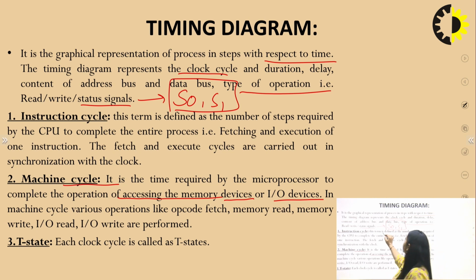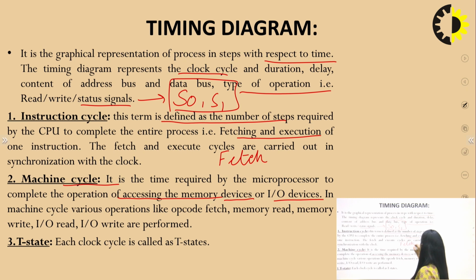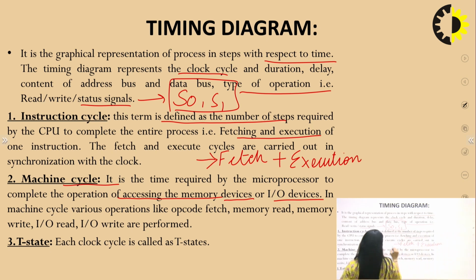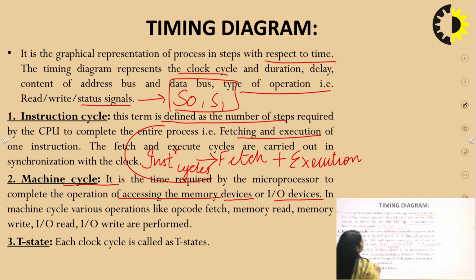The instruction cycle is fetch plus execution of an instruction. So the instruction cycle completes with the fetching and the execution. Decode is the hidden thing here.